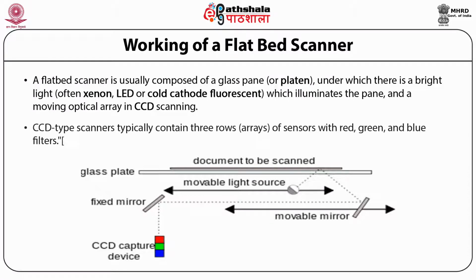Due to this movable light source, the image is reflected in the movable mirror. Then it is reflected to the fixed mirror. From that, the image is captured in the CCD capture device. This is the mechanism by which a flatbed scanner works.